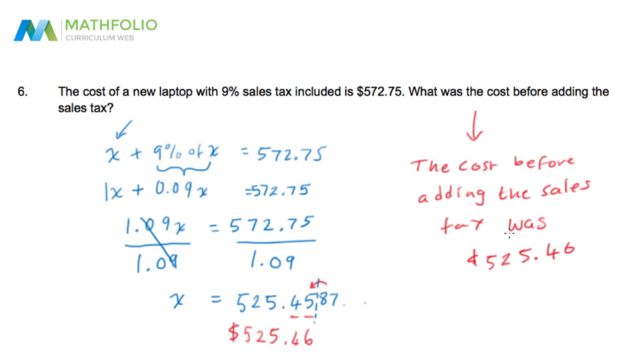Okay, and so just writing this helps us put everything into context and think, is it reasonable? Well, it is. It's less than the price that he paid with the 9% added on. It helps us reflect, and it shows that we understand. And this is one good way to finish questions, writing our answers as sentences. So that was question number 6.